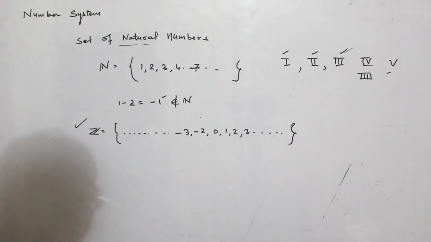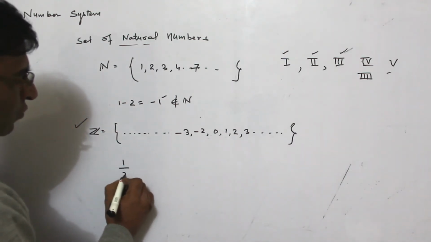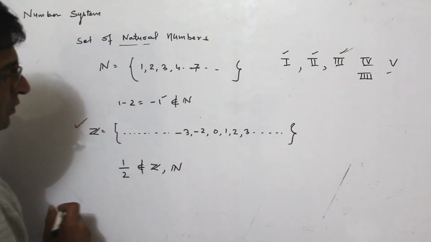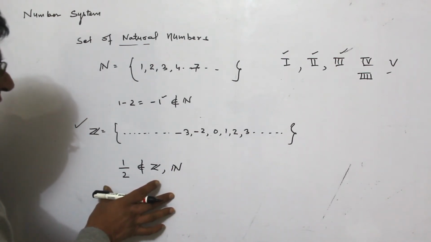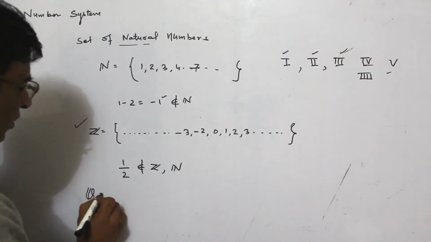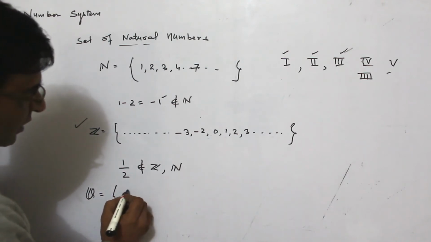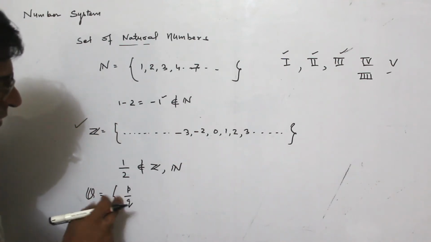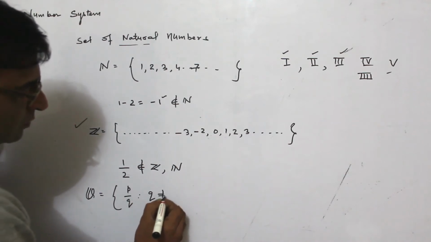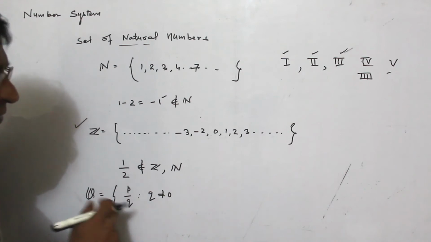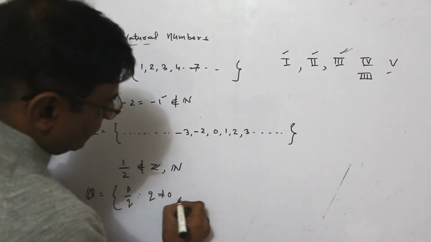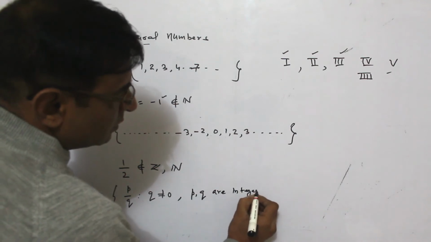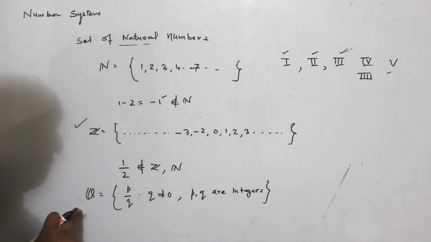If I divide, suppose 1 by 2, then this element is not in Z and not in N. So a new set was invented that we call Q. Q is the set of rational numbers, and a rational number is a number in the form p by q, where q is non-zero, because if q becomes 0, then the whole number becomes infinity, and p and q are integers.